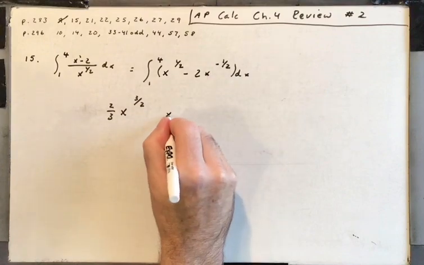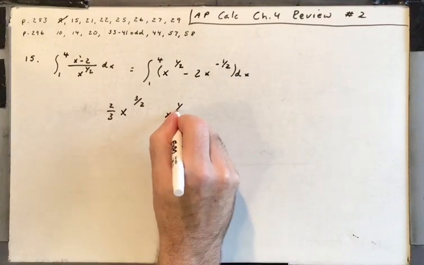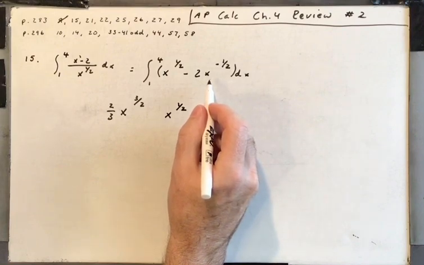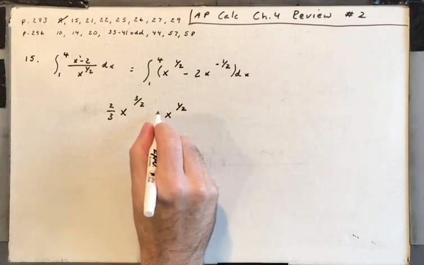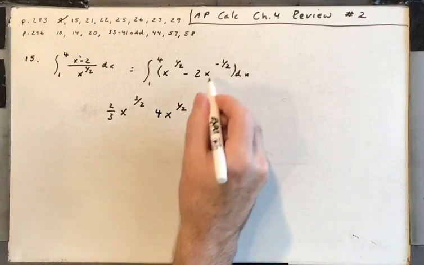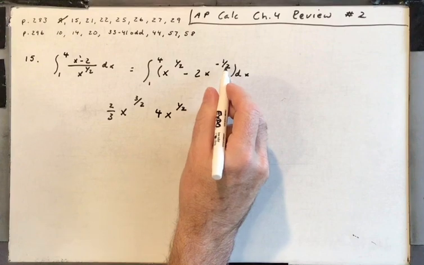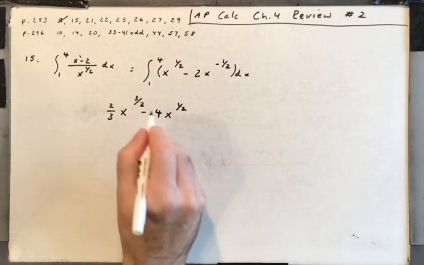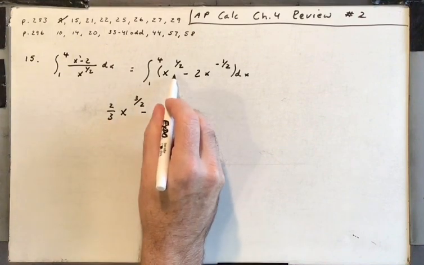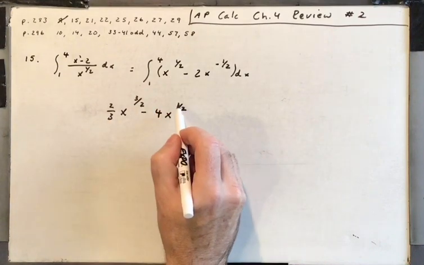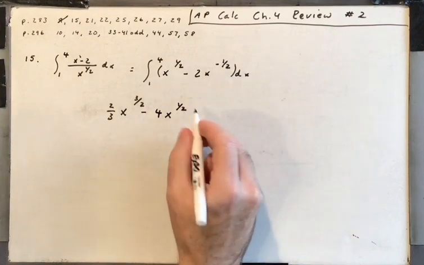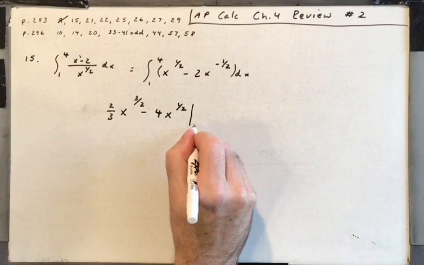And then we're going to have an x to the positive 1/2, and I'm going to need a 4 out front. 1/2 times 4 would be 2, and then I go to the minus 1/2. All right, let's see if that works. Put a minus there. So 3/2 times 2/3 is 1, x to the 1/2. That'll give me that. And then 1/2 times 4 is -2, and then minus 1 minus 1/2. Okay, I think we're on the right track here.